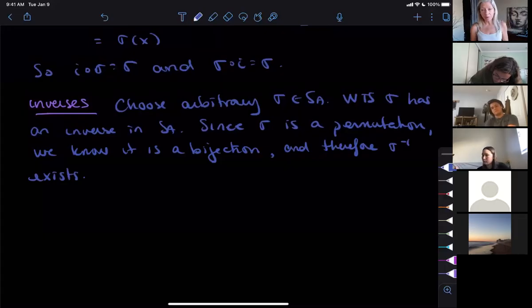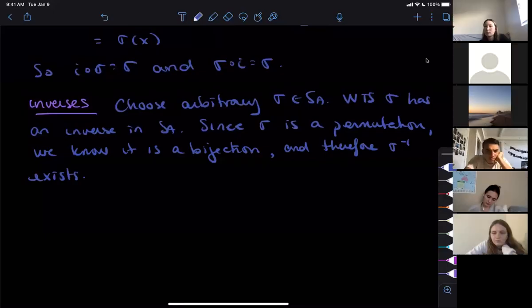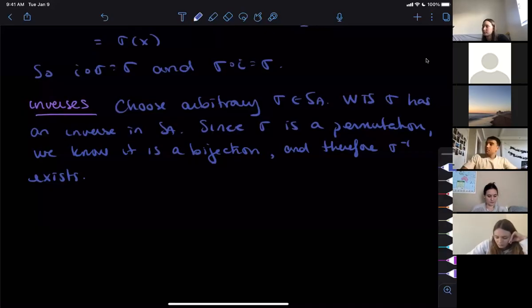Have we shown what we need to show? No, we haven't, because we still need to show that this inverse is in S of A. Maybe that's got an inverse, but it's not in the supposed group, so it's not going to help us at all.